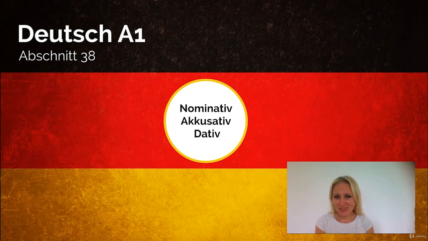Okay, I hope you enjoyed this lecture, and I hope now you can distinguish the three grammatical cases better from each other. But of course you would have to practice, especially if you're a native English speaker where the dative does not exist. So it would be good if you practice a little bit more.